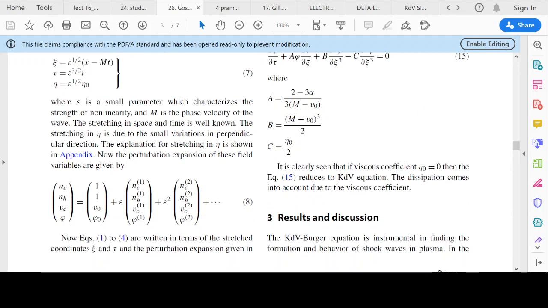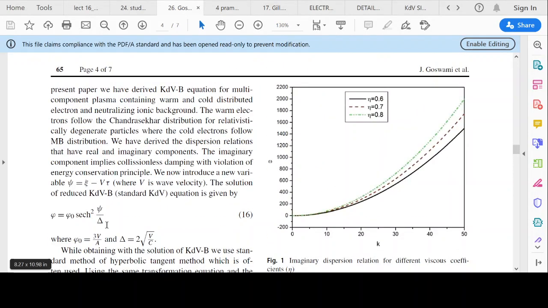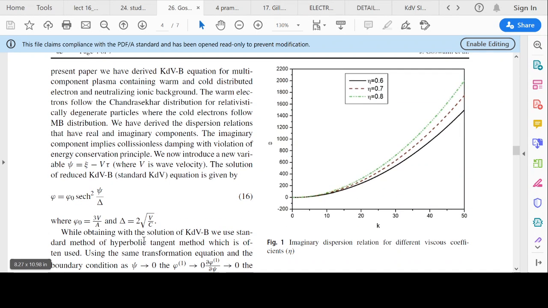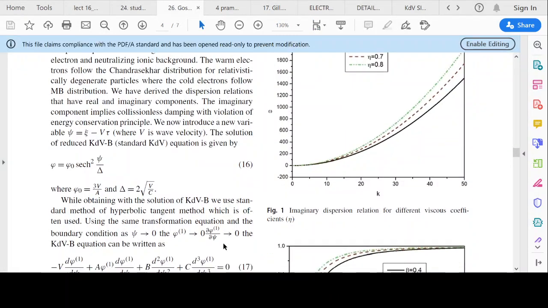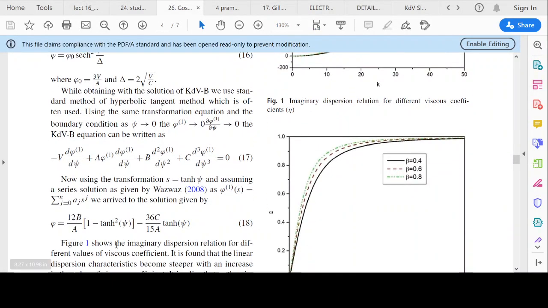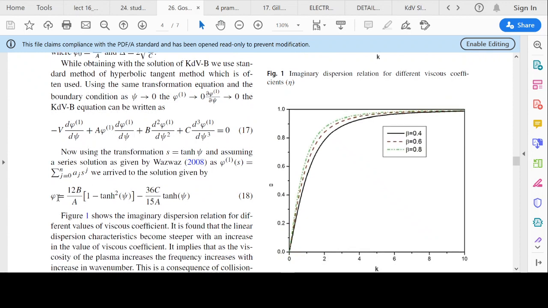We know the sech squared solution for KdV, and sech and tanh for solitary waves and shock structures. If you want to study only the shock structure, eliminate this part. Only this one would be for the shock structures.